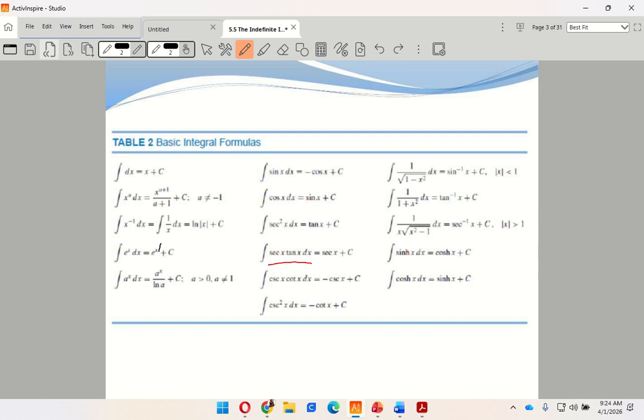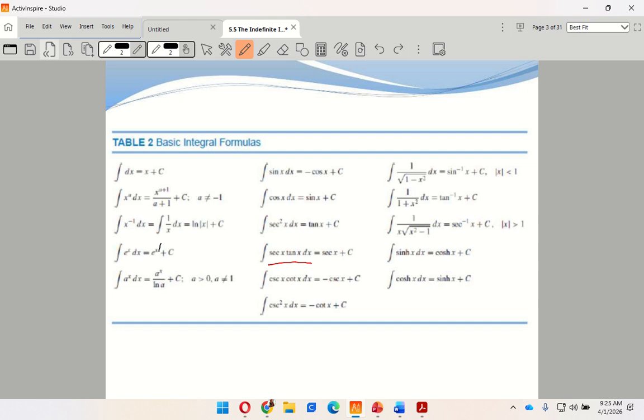So we have a couple of them here. 1 minus x squared is arc sine. Oh, my bad. I don't know how to say secant, my bad. Yeah, no worries. 1 over 1 plus x squared is tangent. 1 over the quantity of x squared minus 1 to the 1/2 is secant, arc secant, right?